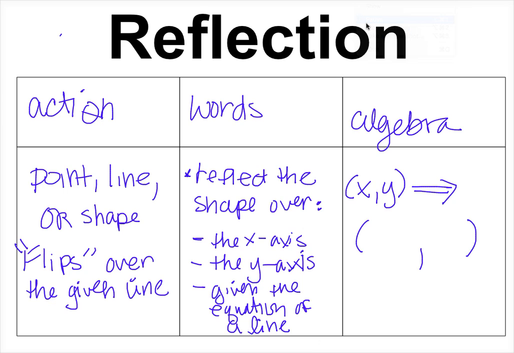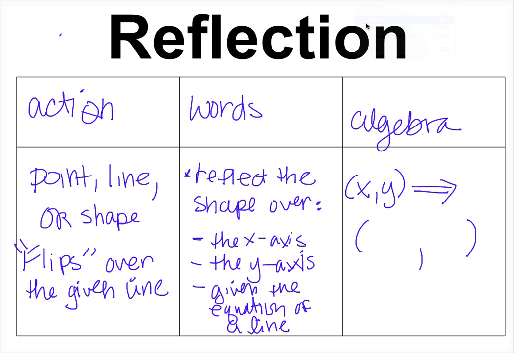So if we look at our labels here, we have A, B, C, and D. My ordered pairs for A, we had (-4, 1). B was (-2, 1). C was (-1, -3). And D was (-5, -3).